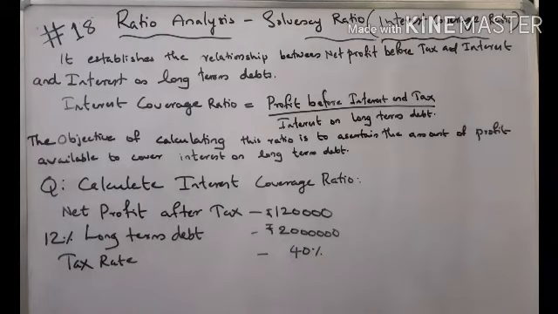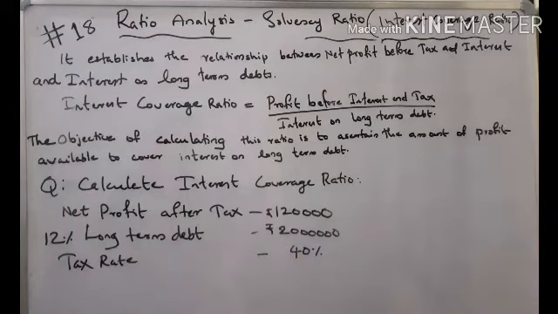In this question, calculate the interest coverage ratio. Net profit after tax is 1,20,000. 12% long-term debt, that is rupees 20 lakhs. Tax rate 40%. So net profit after tax is given as 1,20,000, but what we need is net profit before tax and interest.